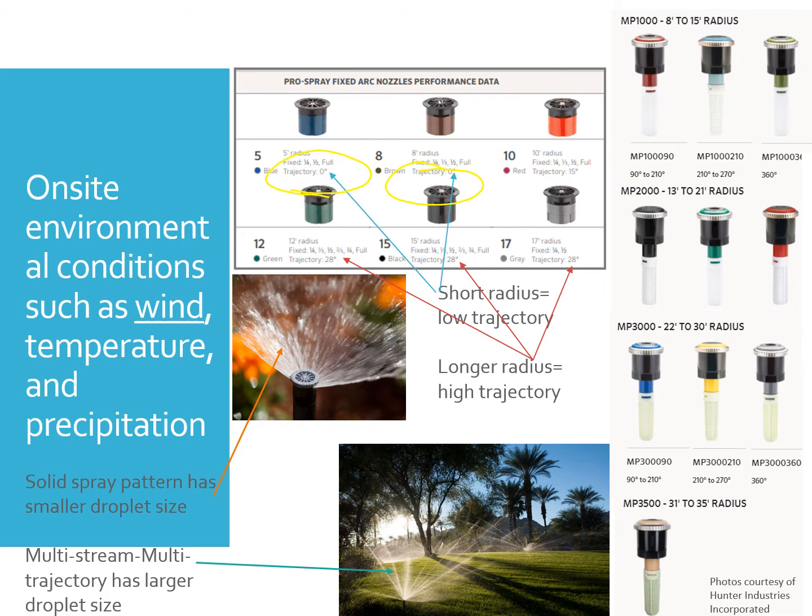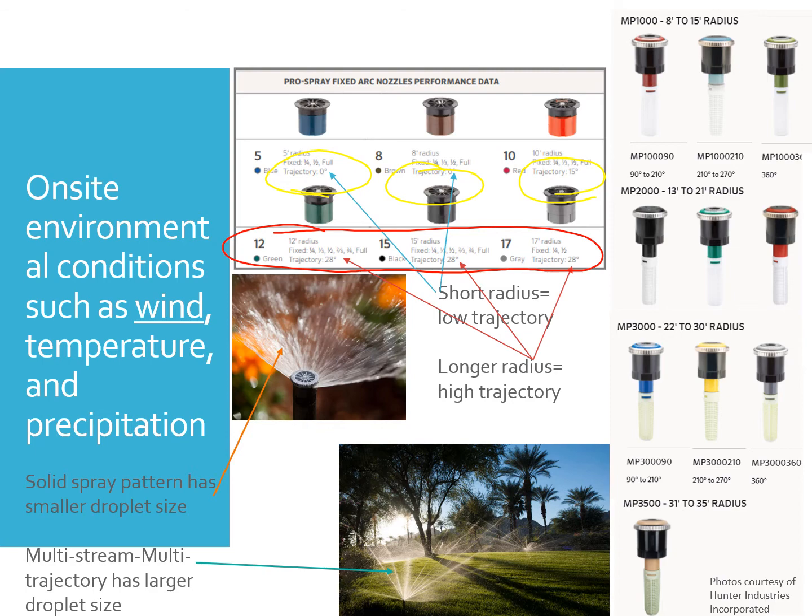And then as you start creeping up in radius, so does the trajectory. For this 10-footer, it's 15 degrees. And once you get to 12, 15, and 17 feet, they all have a higher trajectory of 28 degrees. So keep that in mind if you have a windy situation: the farther you need that nozzle to go, the higher it has to launch to get there, and then wind becomes a problem.